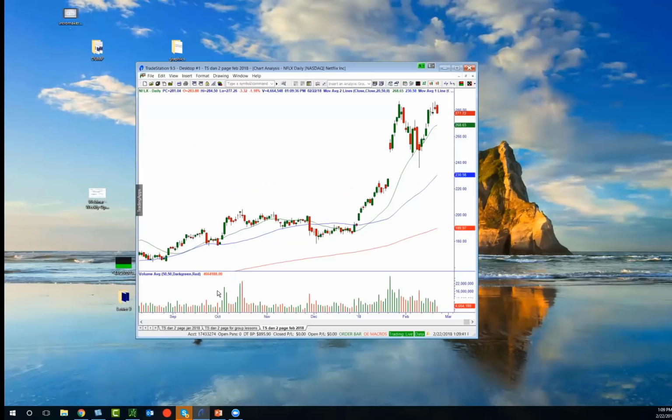And one of the things to realize about scanning is that the majority will try and scan for perfection, meaning so many details as to exactly what they want the scan to find for them that it eliminates a lot. Now, it's logical to want to not spend time looking at things that really aren't what you want, but I've just found that by refining scans too far, you miss a lot.